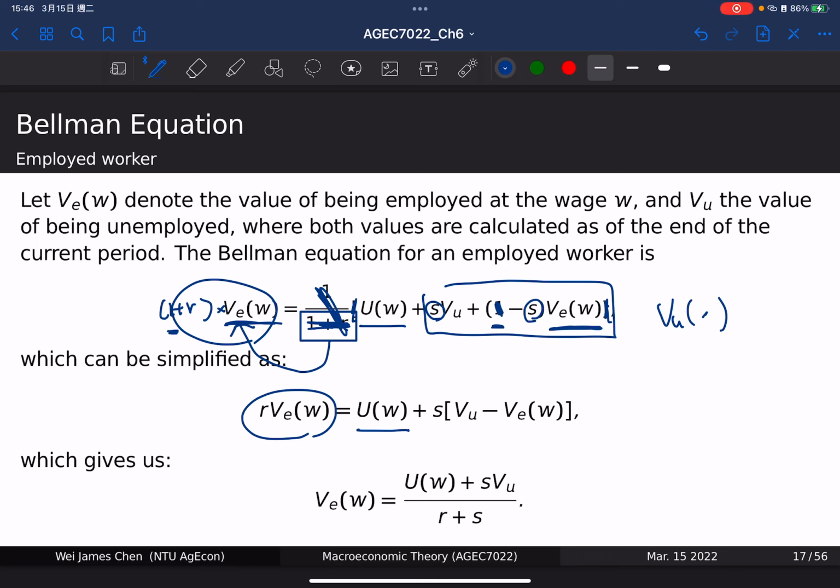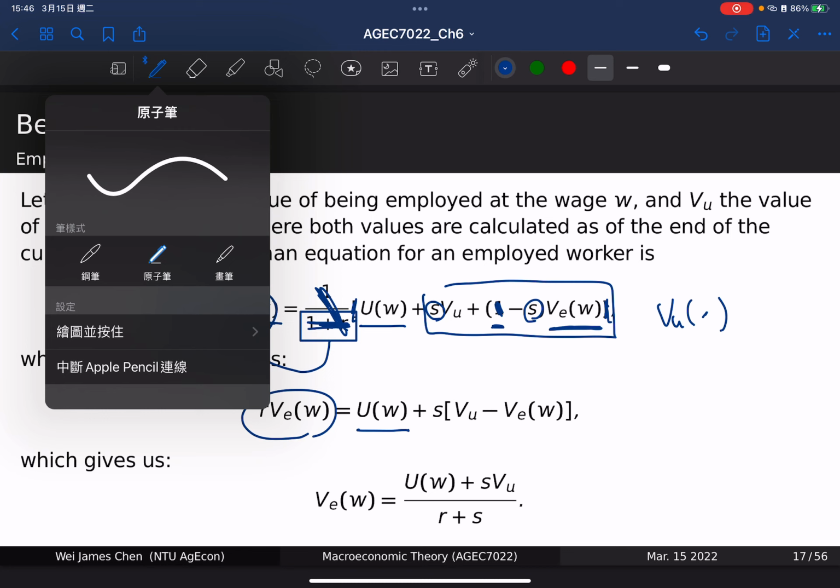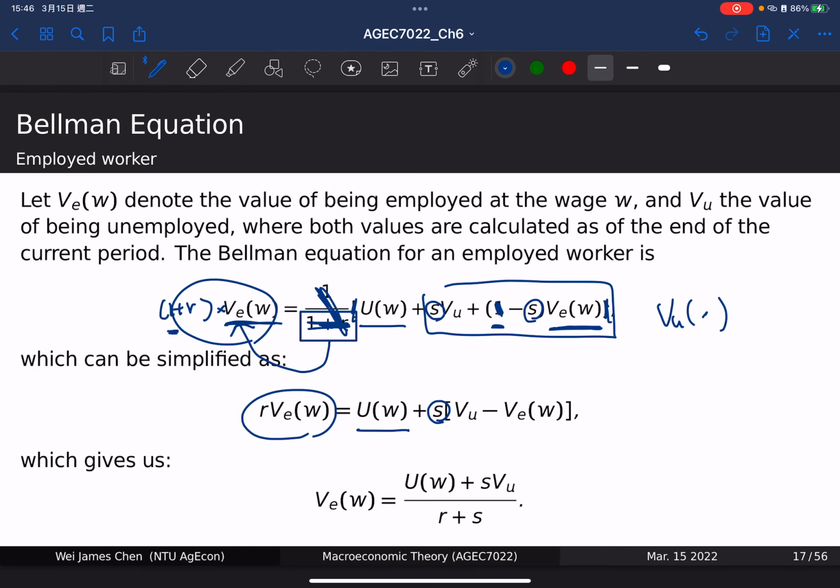Actually that's not necessary, you can give it back. But either way, I'm going to pull the VE of W together. So I'm going to pull this minus S times VE of W to here, so it becomes a positive 1, right? So it's going to be R plus S times VE of W. And I move the R plus S to the other side.